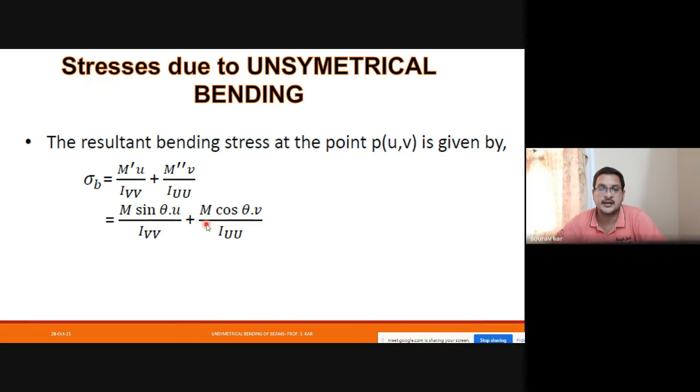So sigma B equals M multiplied by (u sin theta by IVV plus v cos theta by IUU). This is how we can calculate the bending stress at any location of a point in a beam. In the question, we will be given different points at different locations, and we have to find the bending stress.